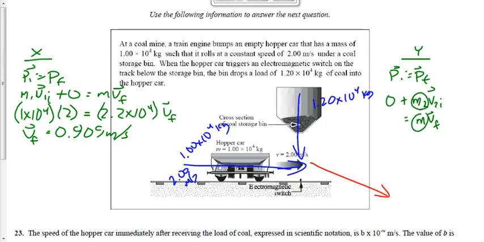What's M right here? Mass of the hopper car, mass of the coal, and the mass of the earth, because the earth gets pushed down with it. Now, because the mass of the earth is so big, we don't even know what V2I is, by the way, but whatever it is, doesn't matter. Because this mass is so big, VF is going to work out to be, I don't know, but really, really, really small.